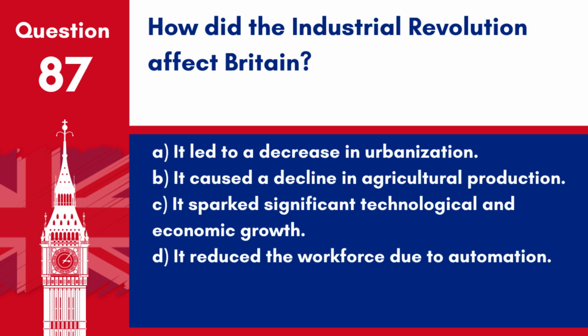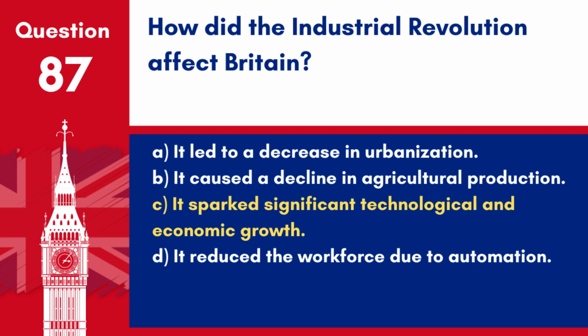Question 87. How did the Industrial Revolution affect Britain? A. It led to a decrease in urbanization. B. It caused a decline in agricultural production. C. It sparked significant technological and economic growth. D. It reduced the workforce due to automation.